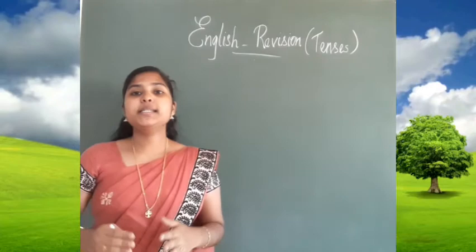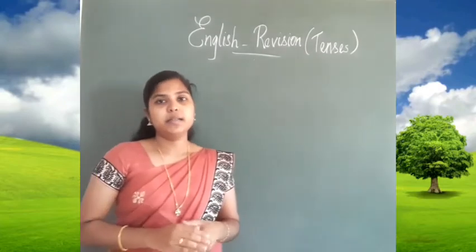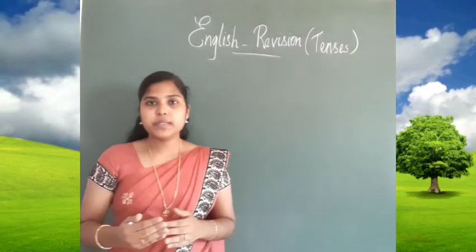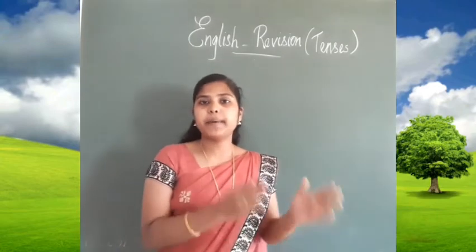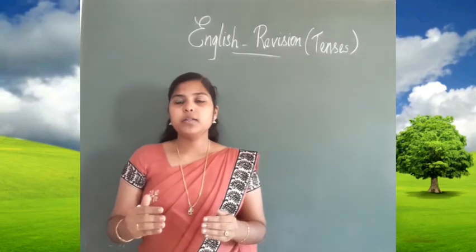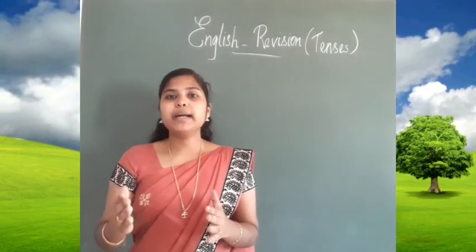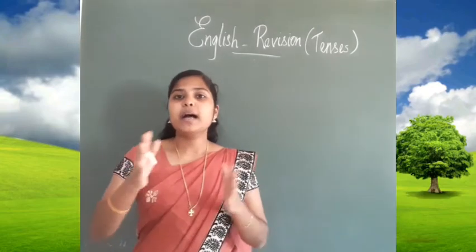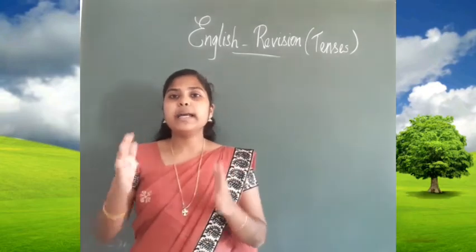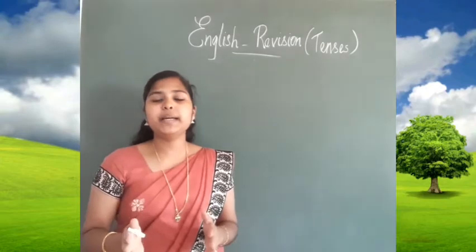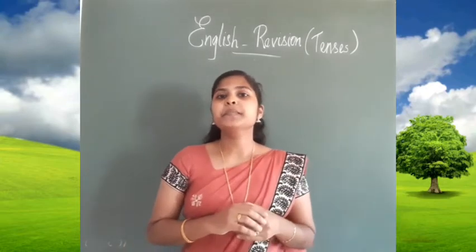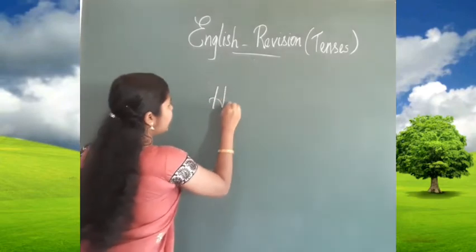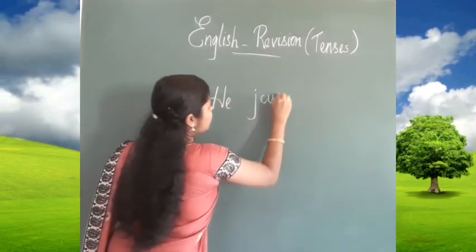Now, let's see what is simple past. Simple past is indicating an action or an activity which happened in the past, not now, not in future, but it happened already, it is done. Okay, already it happened. So, any activity that happened in the past is indicating simple past. Now, I'll tell you an example. He jumped.